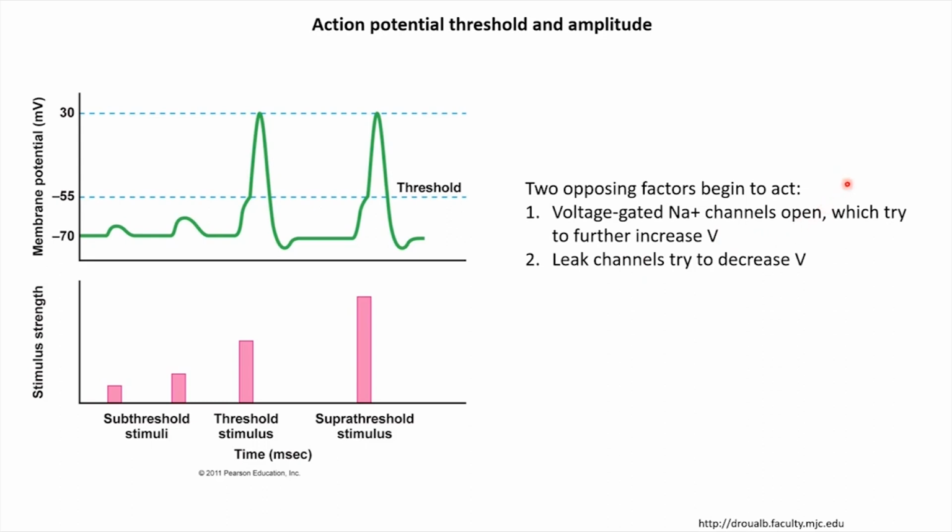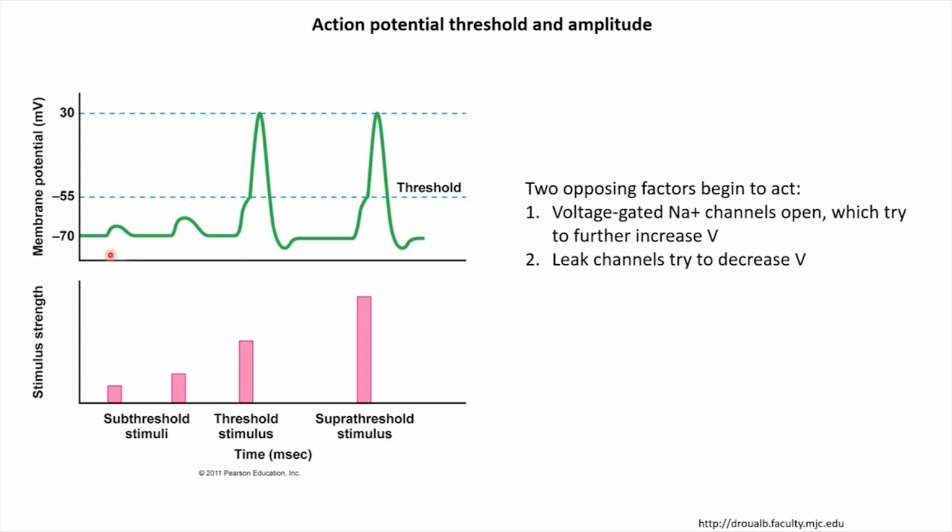For smaller increases, the opening is very small. But as the voltage increases, the number of sodium channels that are open increases at a much higher pace. These two factors compete, and because they depend in different ways on the voltage, for smaller depolarizations, the second factor dominates, and for the larger depolarizations, the first factor dominates.